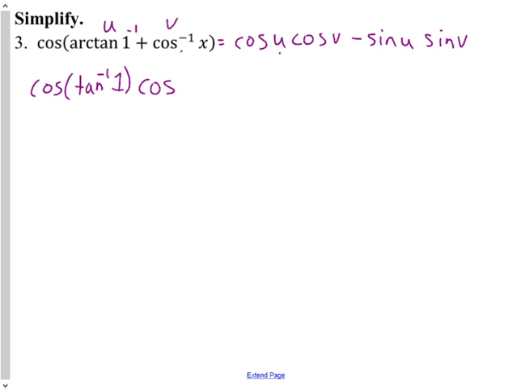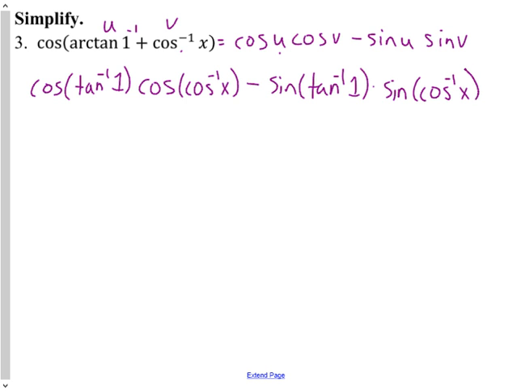So cosine of v would be cosine of cosine inverse of x, minus sine of tan inverse of 1 times sine of cosine inverse of x. Now, this looks horrible, but it really simplifies nicely.